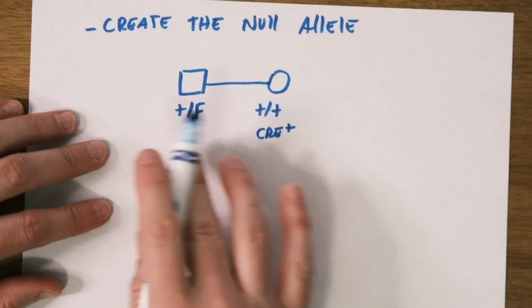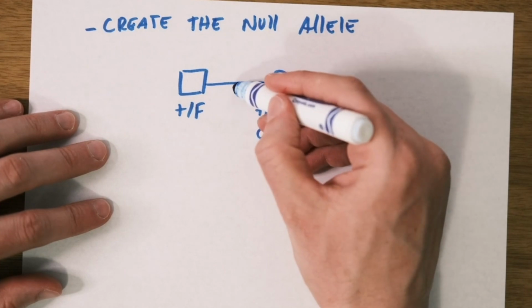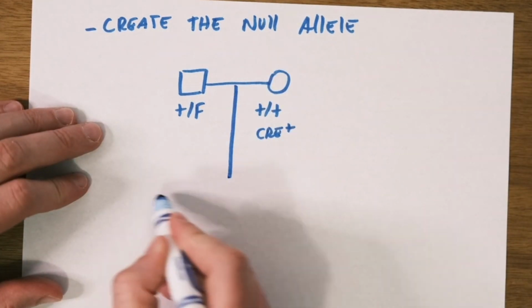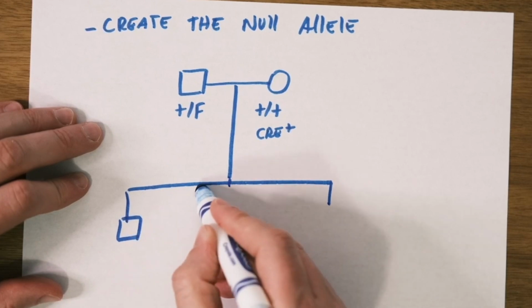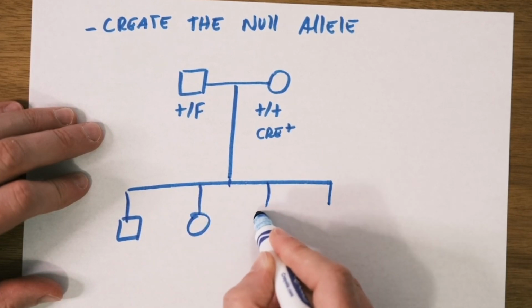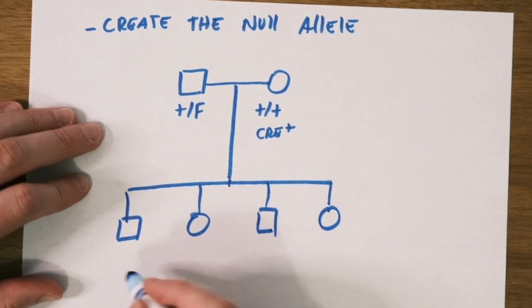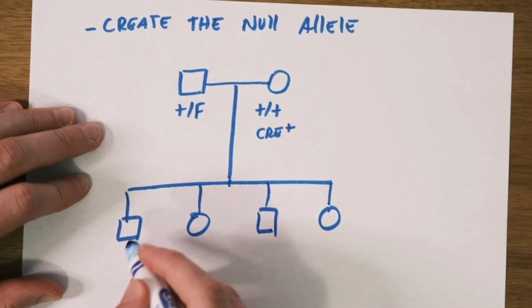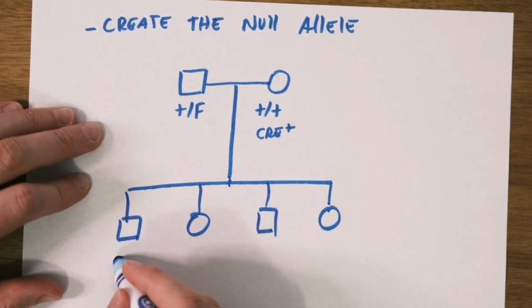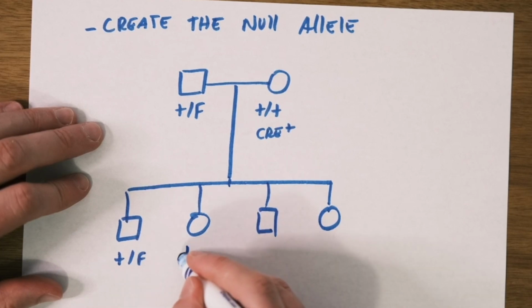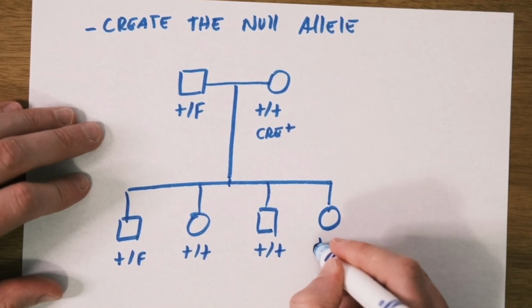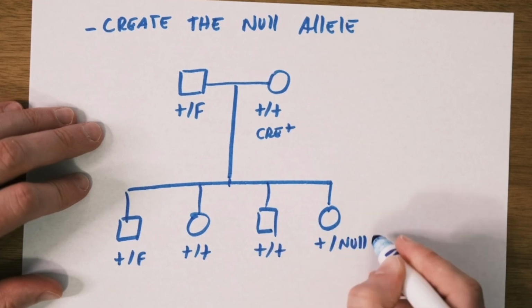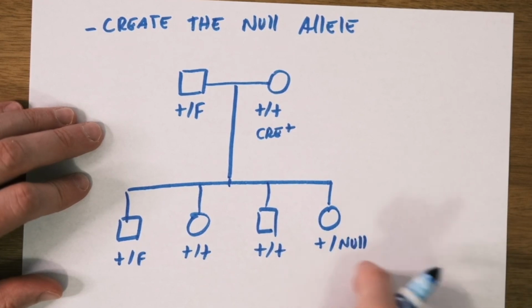So once you cross these two animals, you will have 4 possible combinations of genotype. So imagine we have here a male, a female, and another male here, and a female. So we can either have for our gene of interest that the animals are wild type Flox or wild type, and this can happen irrespective of the sex. And let me explain in a second why I put null here.